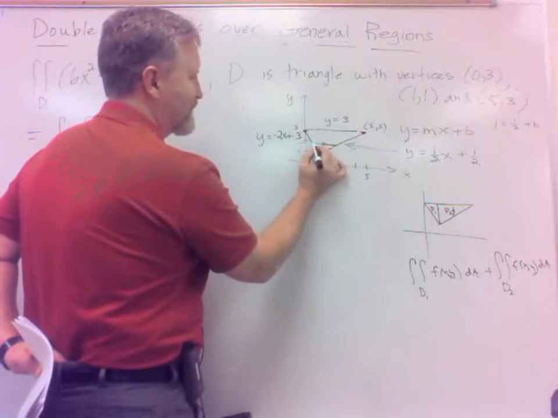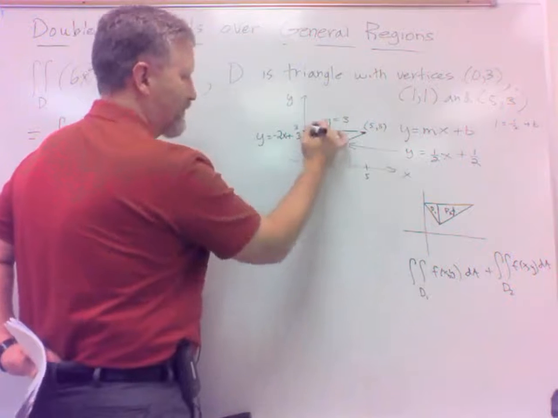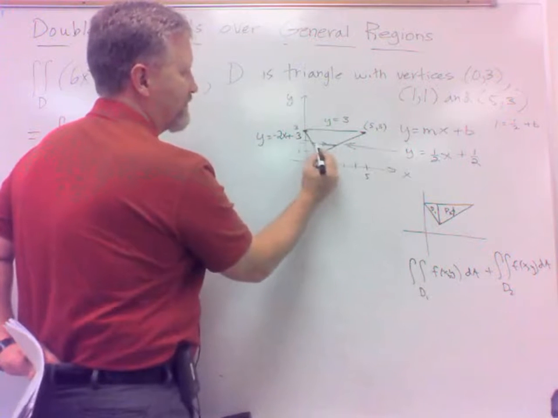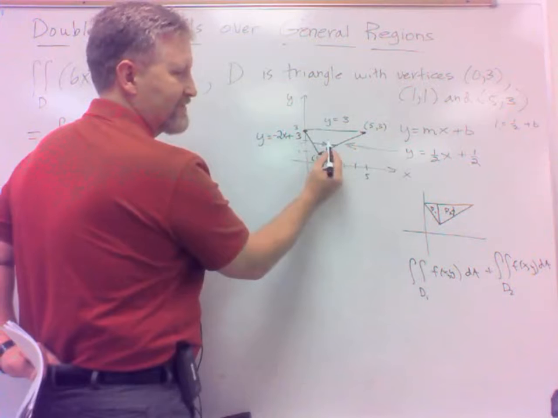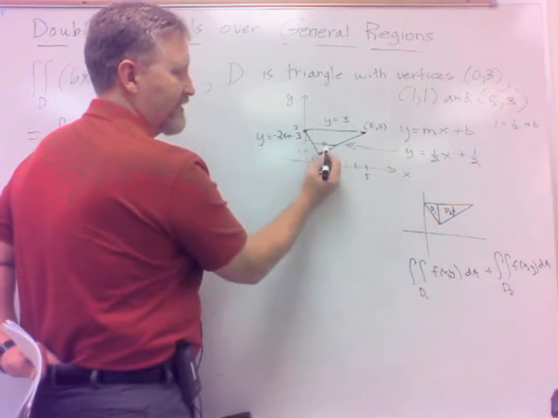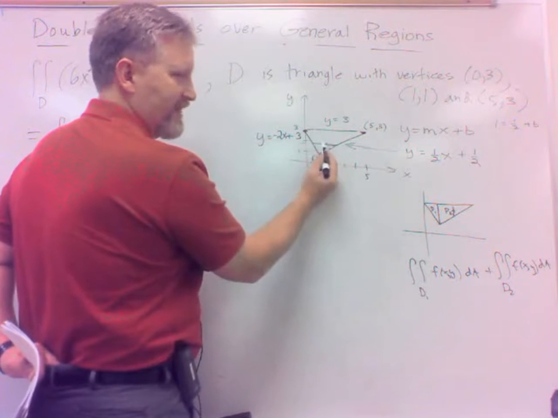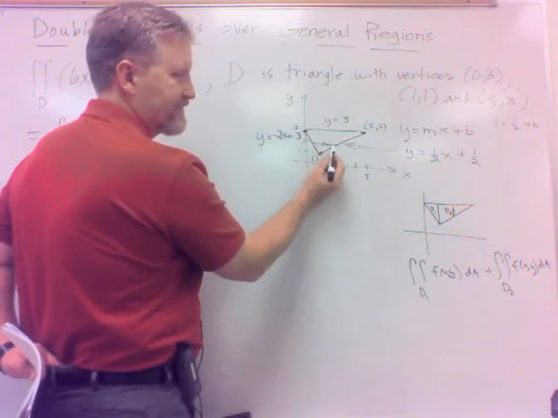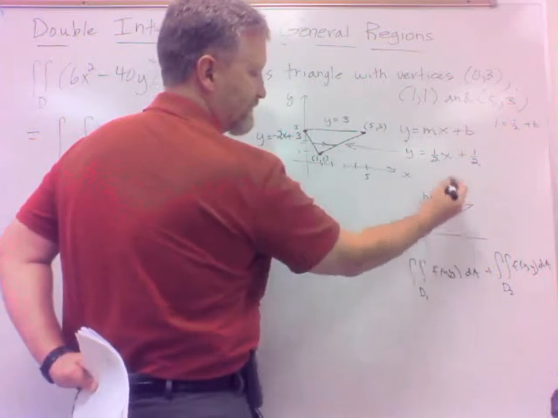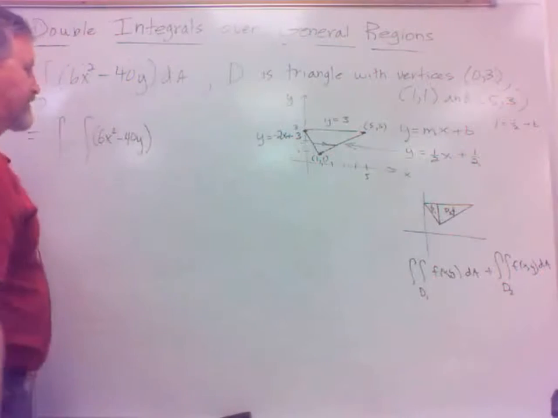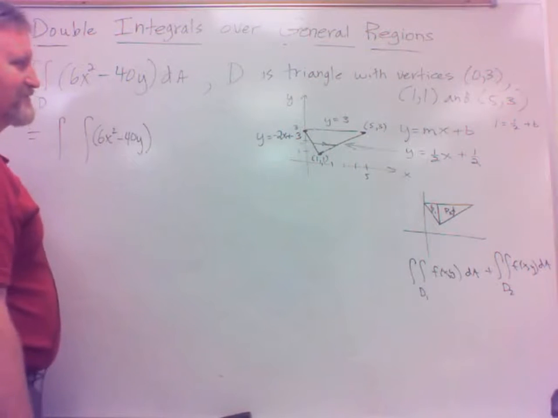So yeah, I'm going from 1 to 3, but for the x's, I'm going between these lines. And so that is integrating with respect to x from here to here. This would have been the y's. Okay, so hopefully I don't have you totally confused there.